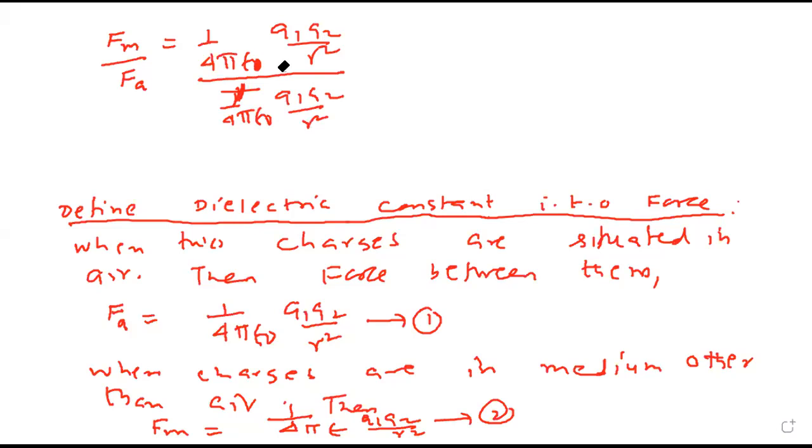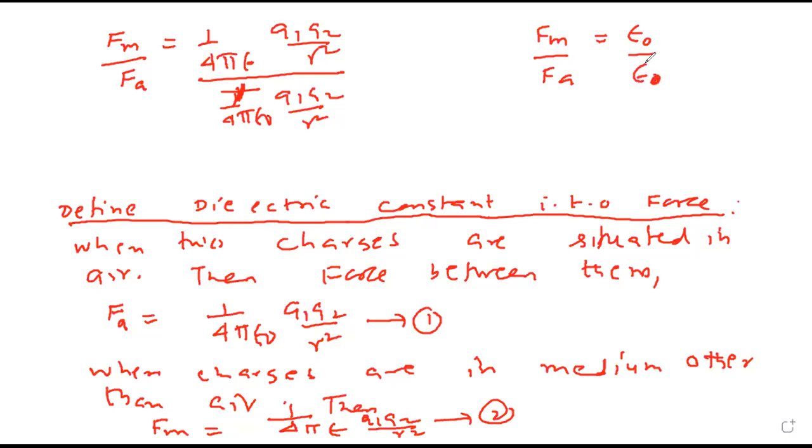The first ratio is permittivity of medium, which is epsilon, and this is air, so epsilon naught. So can I say therefore F between two charges in medium upon air will be epsilon naught upon epsilon?